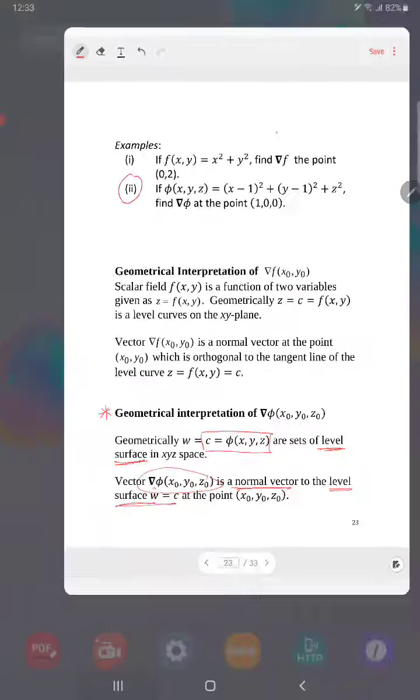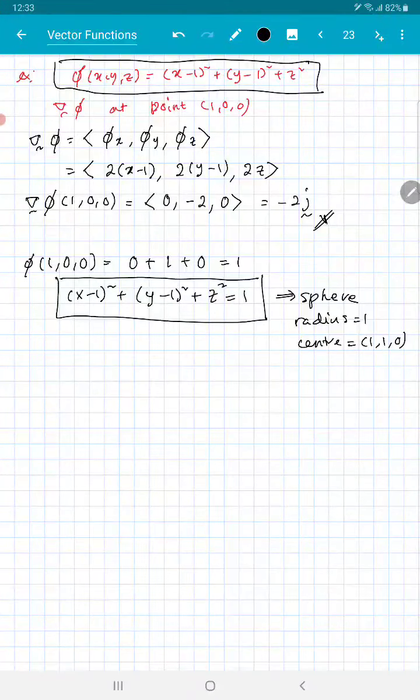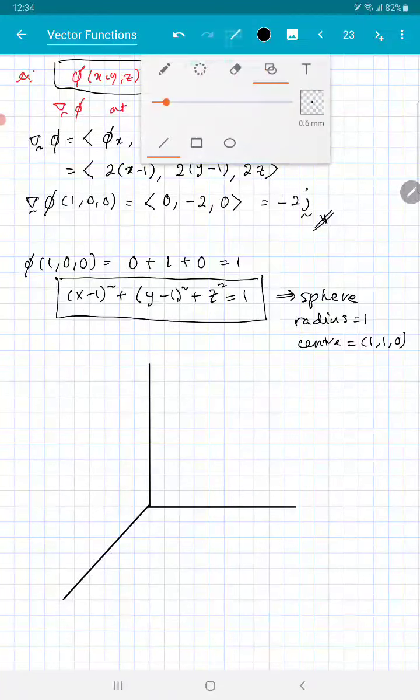Let's sketch our level surface, which is a sphere of radius 1. Here we have the z-axis, x-axis, and y-axis.